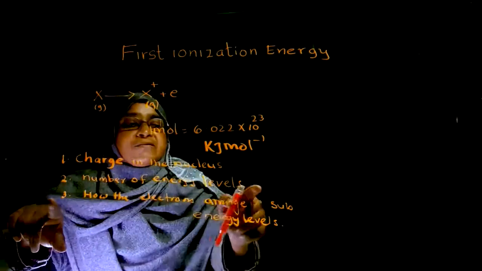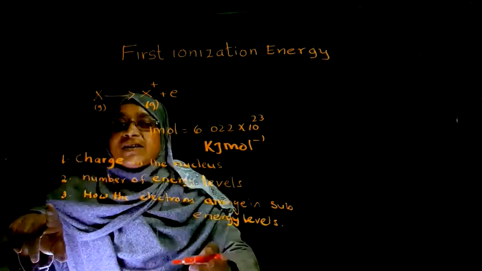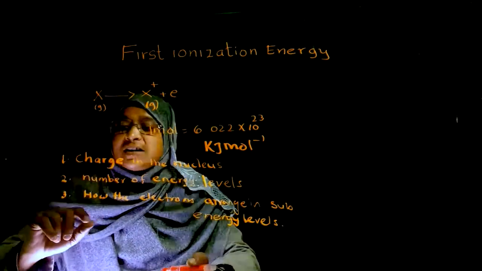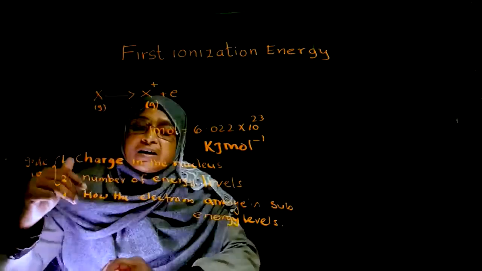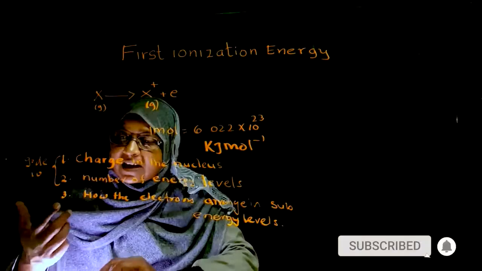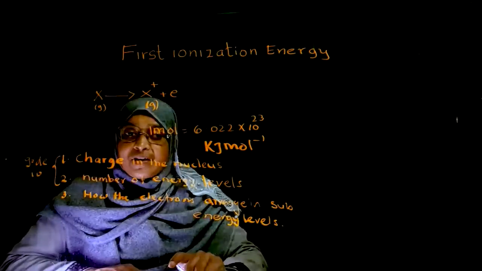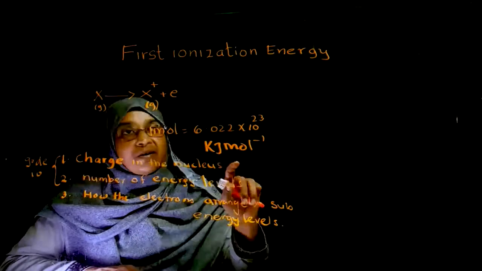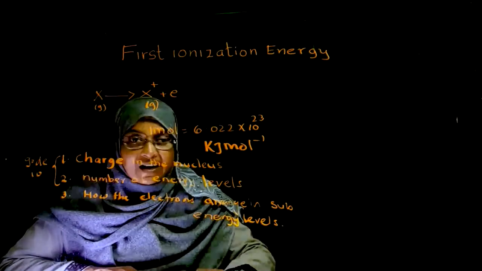This will be taught in the advanced level classes. So children, as you are in grade 10, the first 2 are enough to identify the variation of first ionization energy among these first 20 elements.